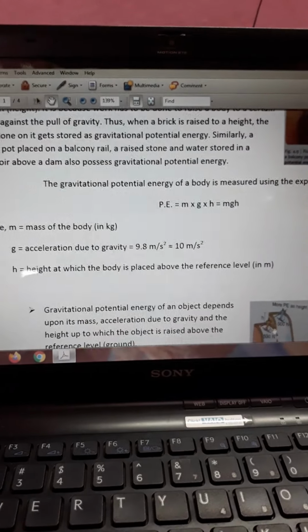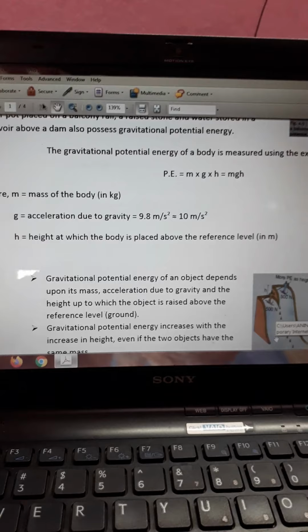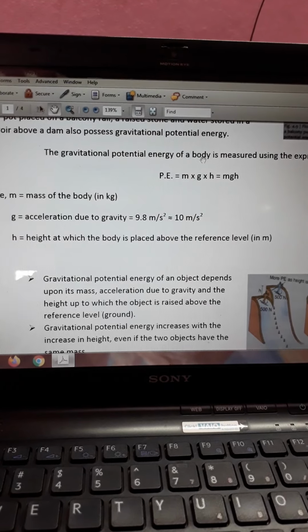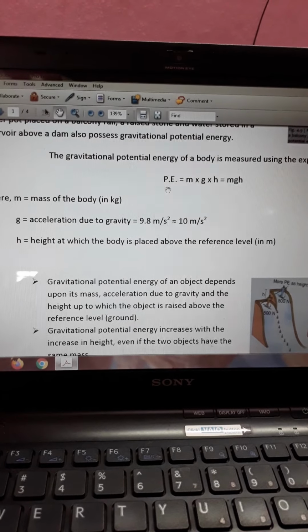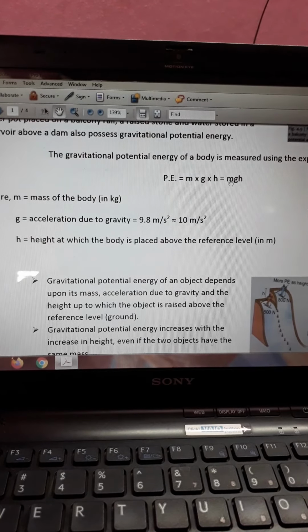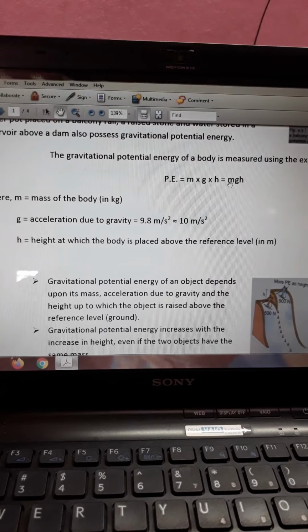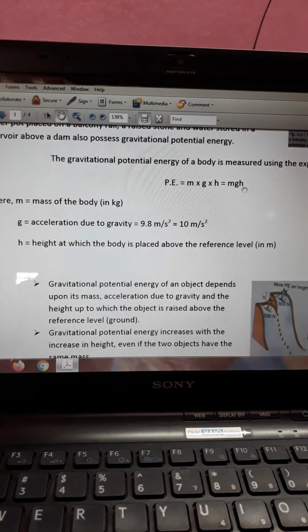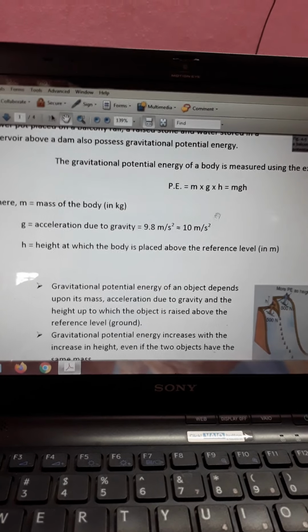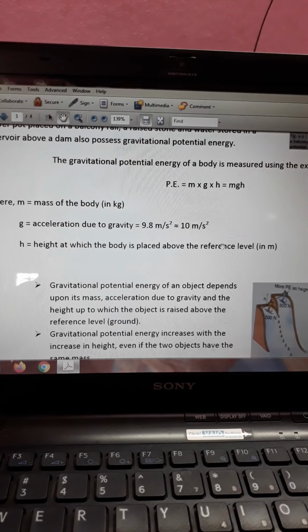So this is the expression of gravitational potential energy: potential energy equals mgh. Here you see that potential energy is directly proportional to mass, and directly proportional to the height at which the body is placed above the reference level. We always consider the ground as the reference level.